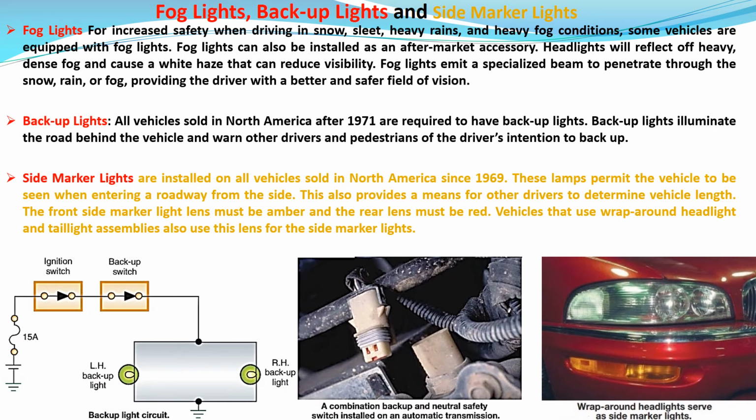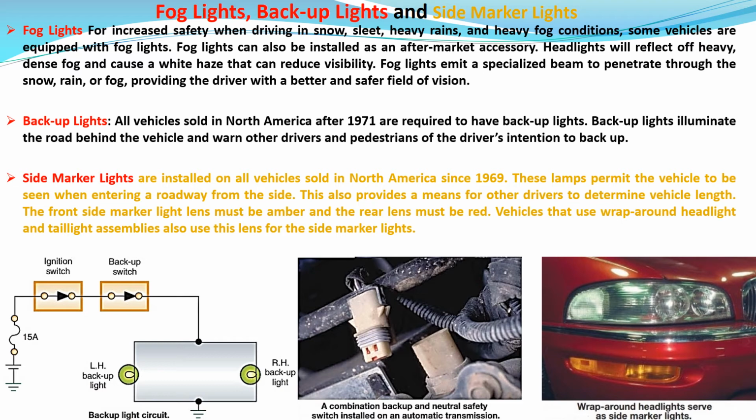Side marker lights are installed on all vehicles sold in North America since 1969. These lamps permit the vehicle to be seen when entering a roadway from the side. This also provides a means for other drivers to determine vehicle length.